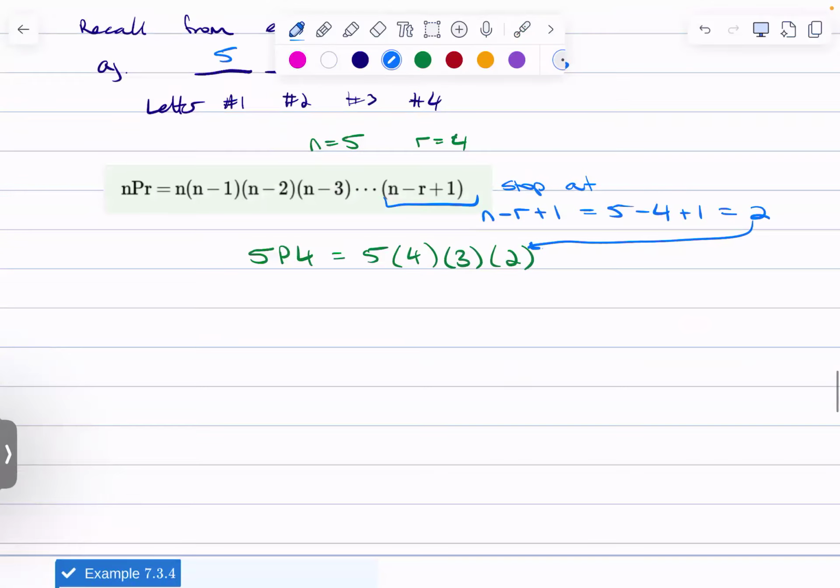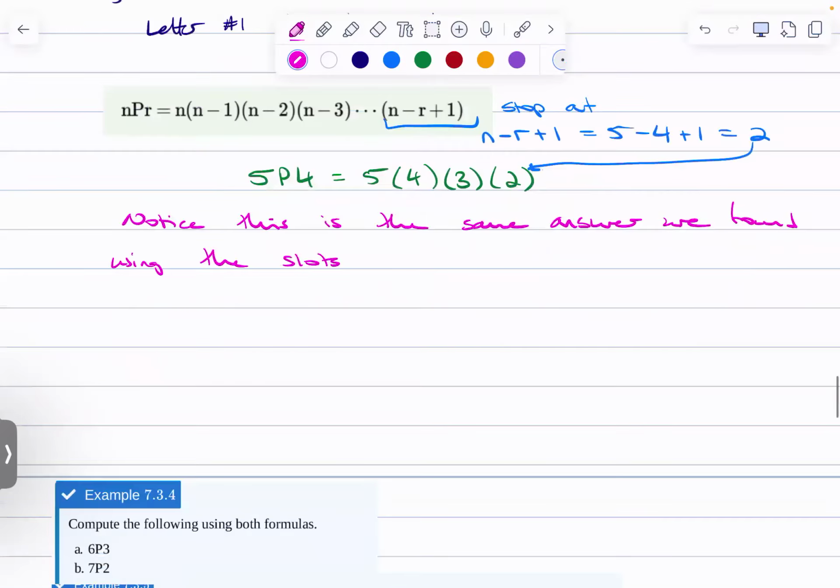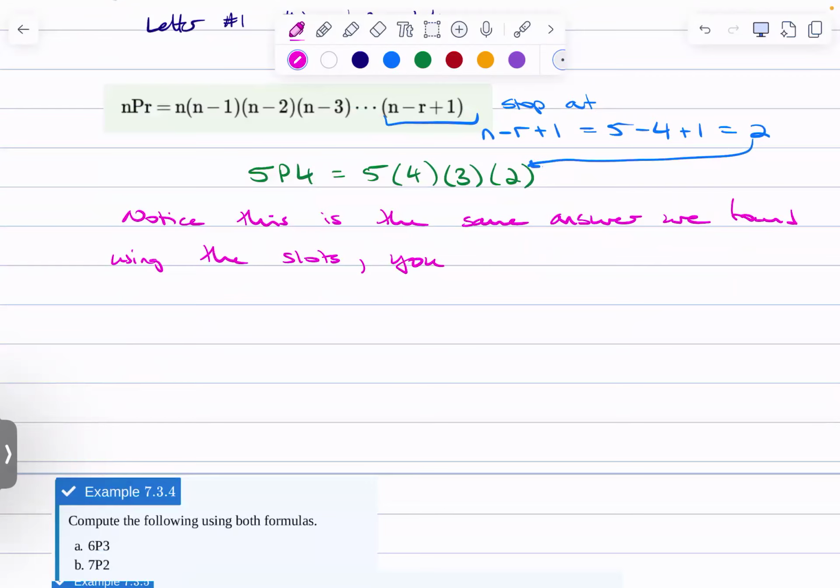Notice this is the same answer we found using the slots. You may use whichever method you prefer.